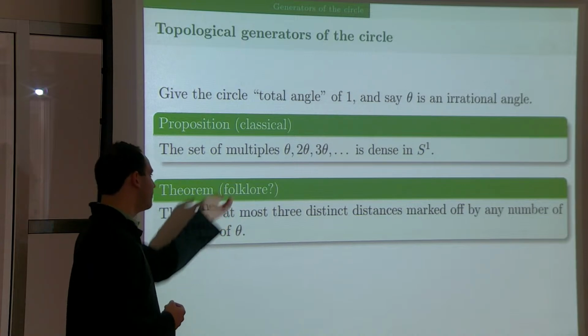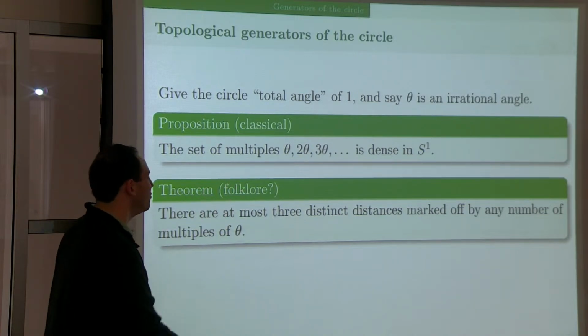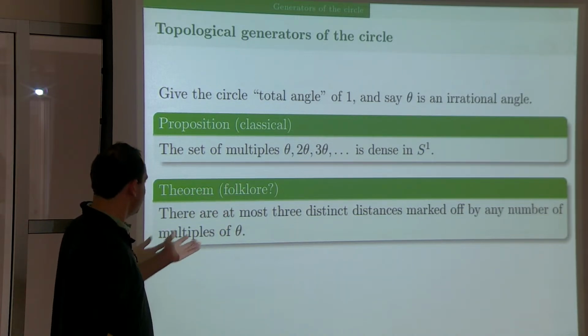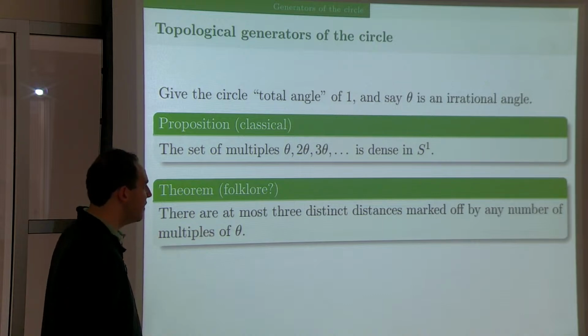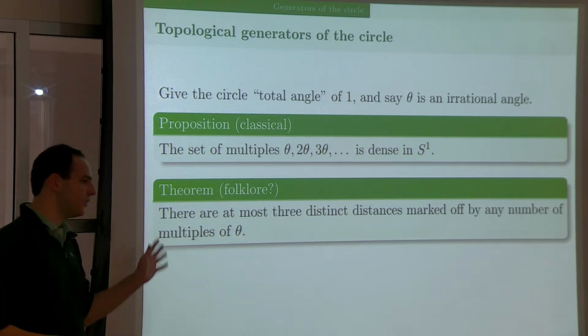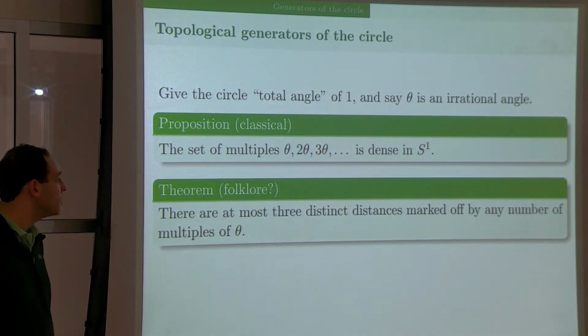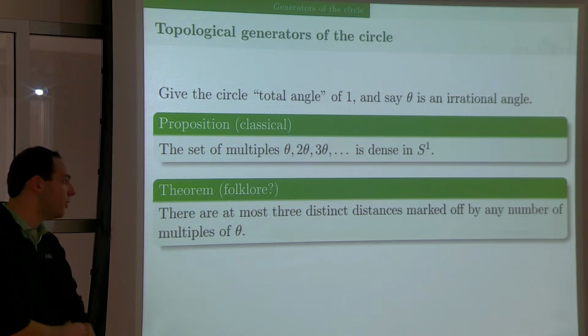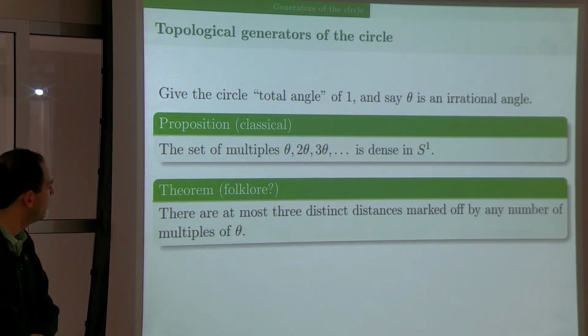And there's this theorem, I've never really seen its proof written down, but I think it's an amazing fact: this thing that we're observing empirically for these first 50 multiples, that we're never going to get more than 3 different lengths.